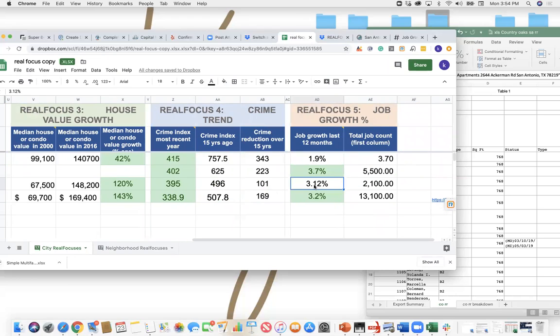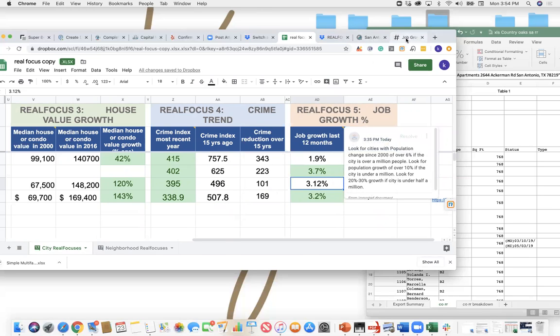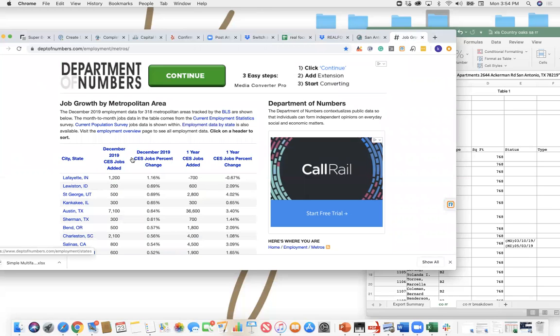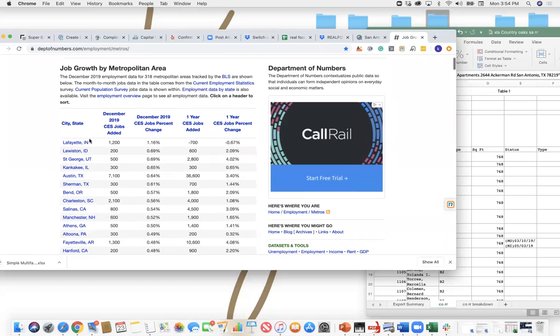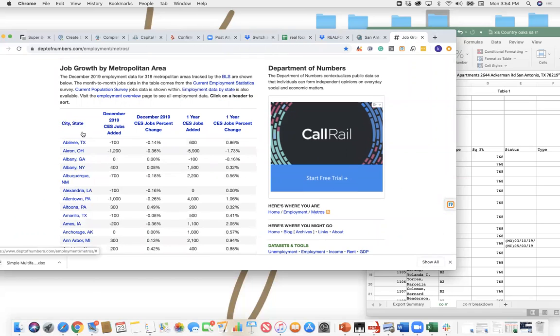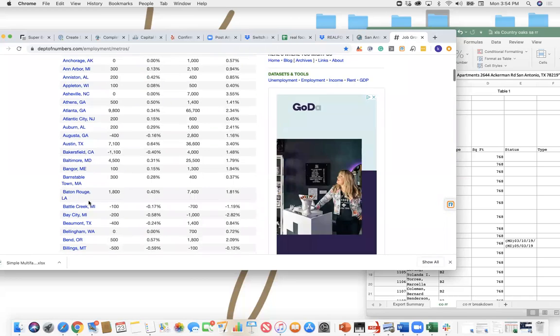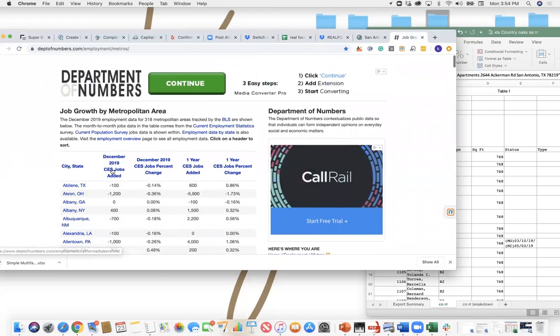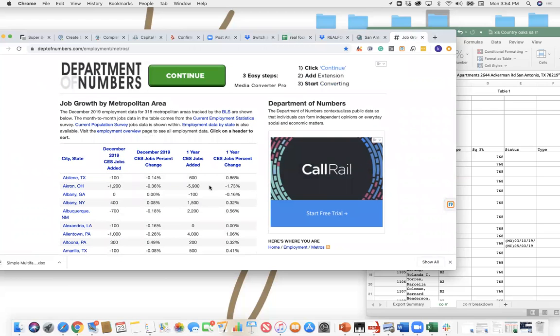Now, right here, what has been the job growth in the last 12 months in San Antonio, Texas? So we go to that weird little Google link that I posted up here earlier. So we're going to go ahead and change this, and we'll go down to San Antonio. So we're going to look for change, or percent change.